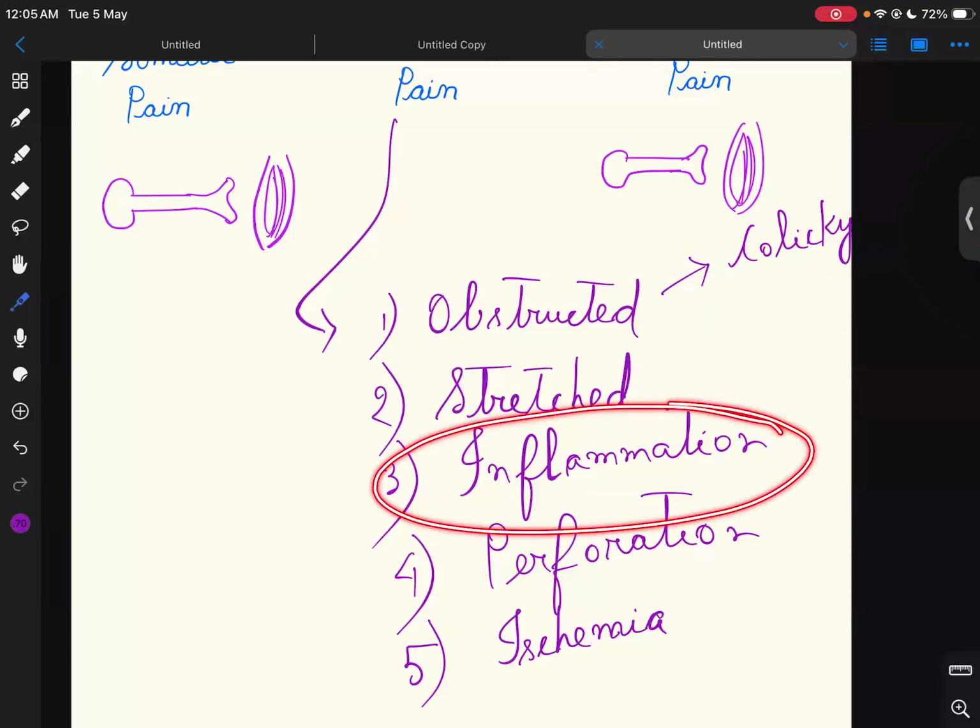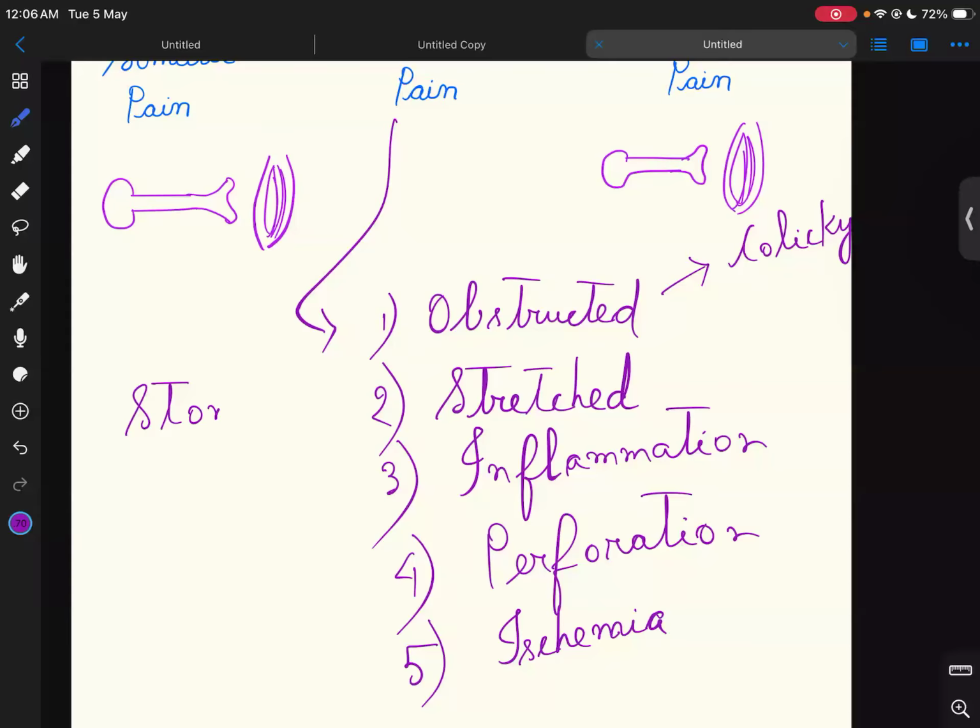Then whenever there is inflammation, like whenever anyone is having a gallbladder stone, initially it will cause colicky pain, that is pain obstructive in nature. But when the stone stays there for a long period of time, it will cause irritation of the bowel wall, resulting in inflammation. So this will cause pain. Anywhere in the viscera, if you get any inflammation, this will cause pain at that organ.